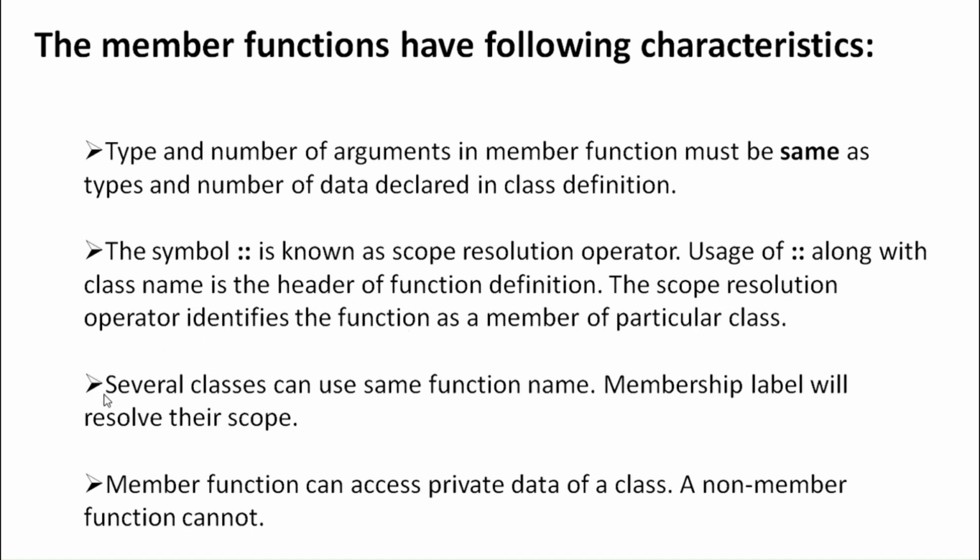The third point is, several classes can use the same function name. Membership label will resolve their scope. And the fourth point, which you all know, is that member functions can access private data of a class, a non-member function cannot. As I have said, only a member function can access the private data and a non-member function cannot.